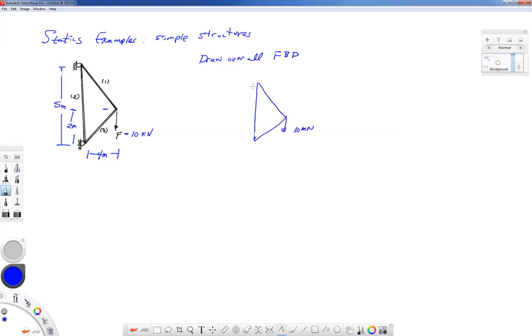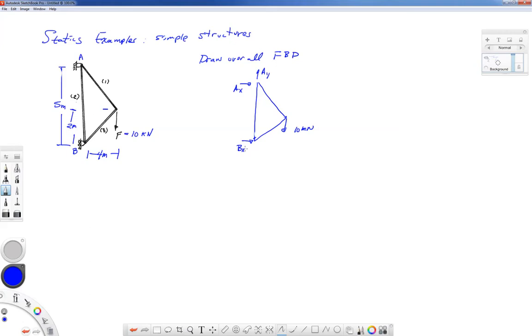In this case, since I have a pin up at the top, it's a pin connection, let's call that A, I might have a reaction AX in the X direction and a reaction in the Y direction, I'll call AY. Down here at the bottom, maybe that's position B. We'll call that point B. I have a roller. You see the little rollers right here. That causes a reaction just perpendicular to the surface on which the roller is resting. That would be in the X direction in this particular problem.